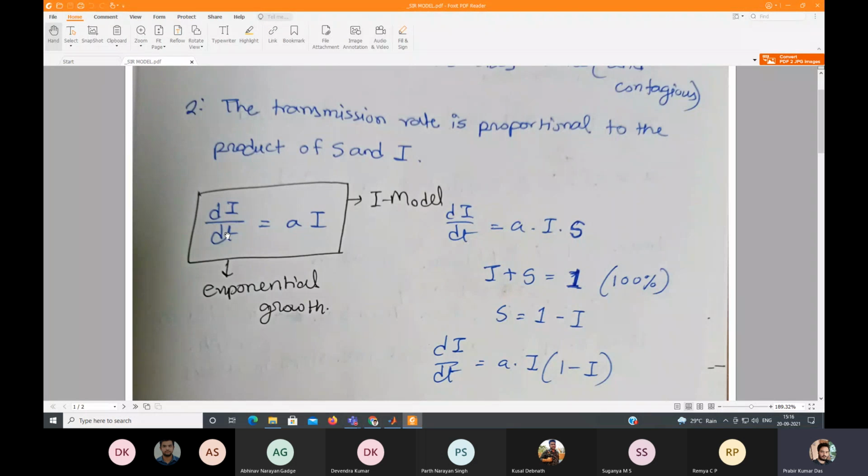dI/dt is the rate of change of getting infection. In a simple I model, dI/dt is proportional to I, and A is the proportionality constant.